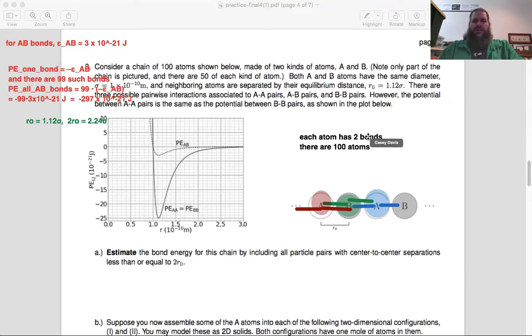So what can we do with the 2 bonds and 100 atoms to figure out the number of bonds in total? If we have 2 bonds per atom and we have 100 atoms, mathematically, how would we combine these 2 pieces of information in a useful way?